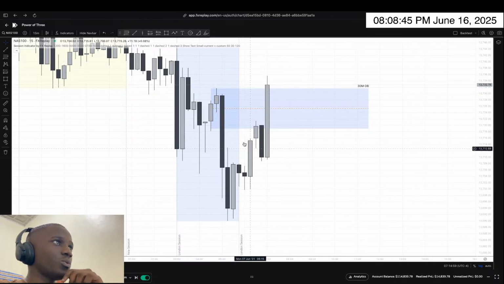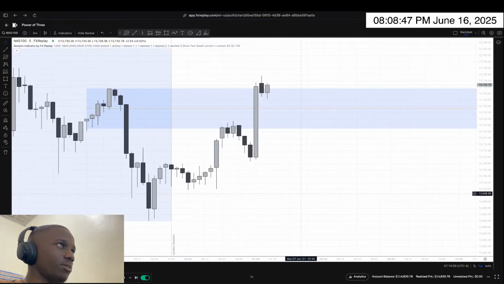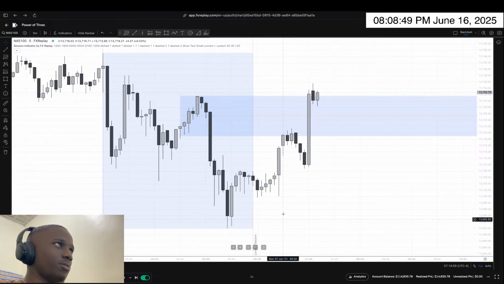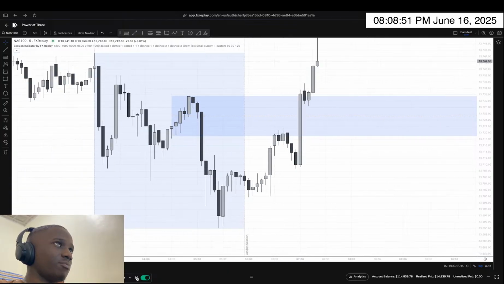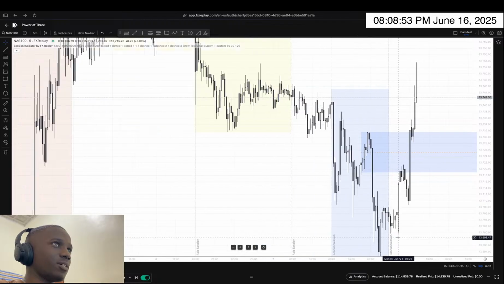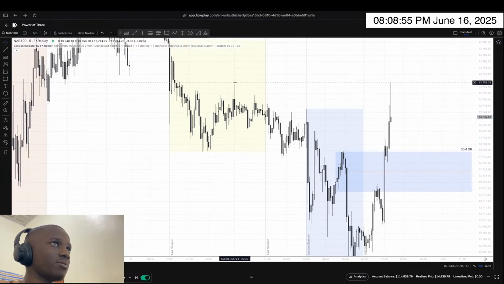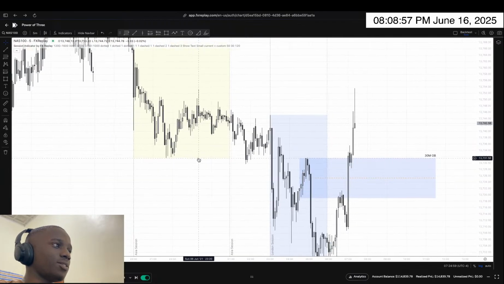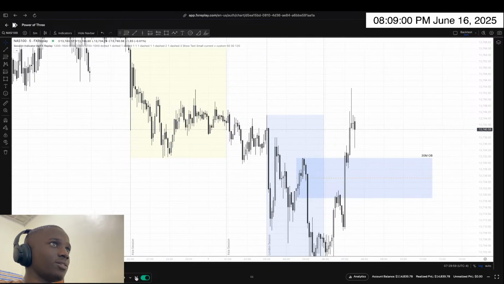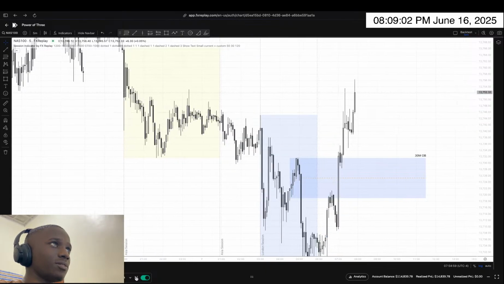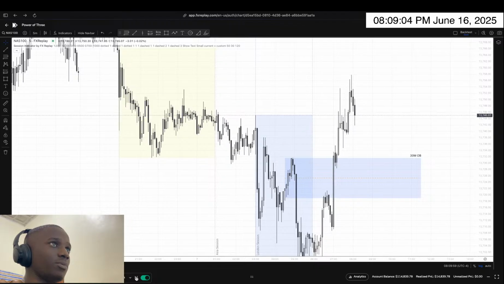Ooh, very crazy sweep, very crazy sweep. And now on the 5-minute, we can see that market pushes higher and takes out this high. Wait, they're equal highs, it hasn't taken it out yet. Okay, now that will be a takeout.